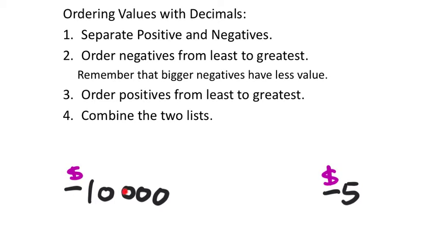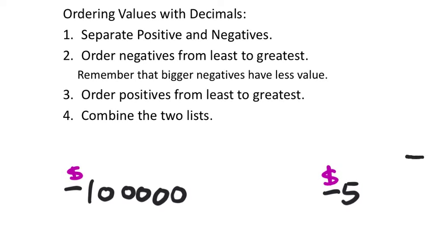Would you rather owe someone $10,000 or owe someone $5? If we made this more profound, say you owe someone $100,000, maybe the mafia is going to get you someday. Would you rather owe $100,000 or owe $5? Really, we hope the answer is neither. But if you have to choose between the two, hopefully you'd pick negative 5, because you would want to owe less.